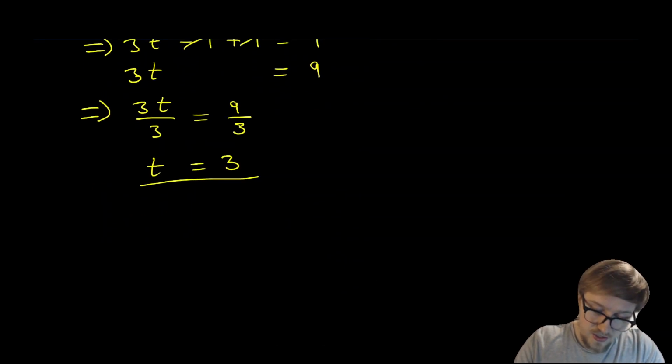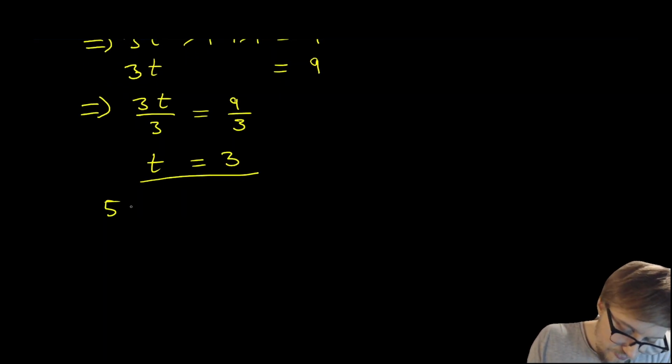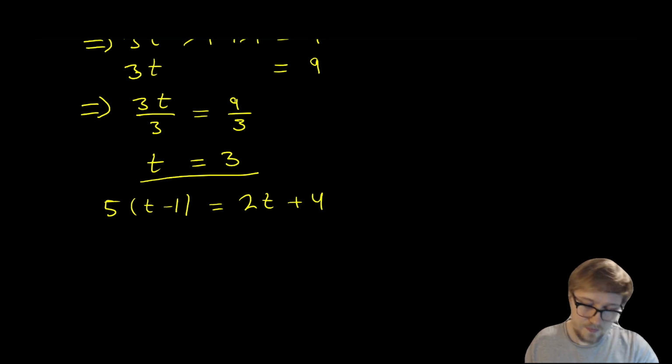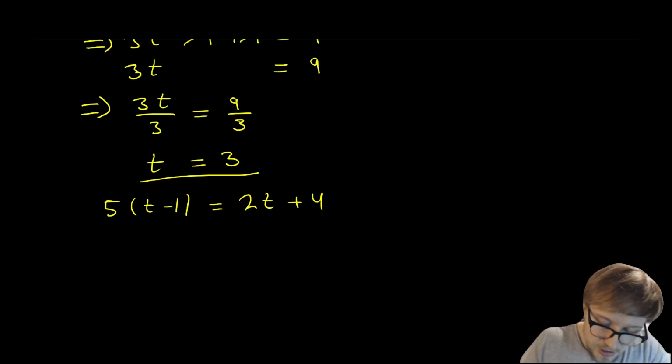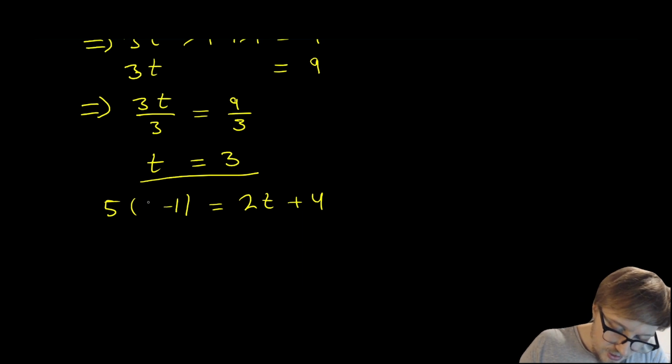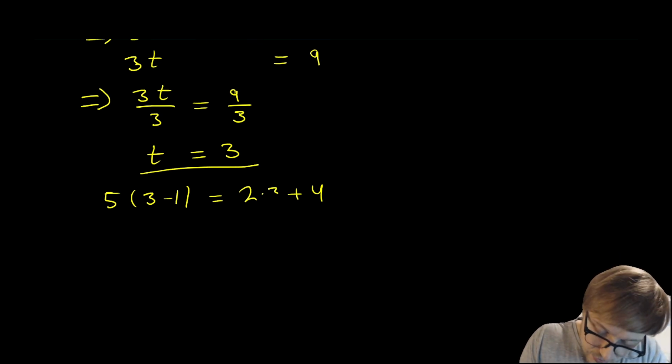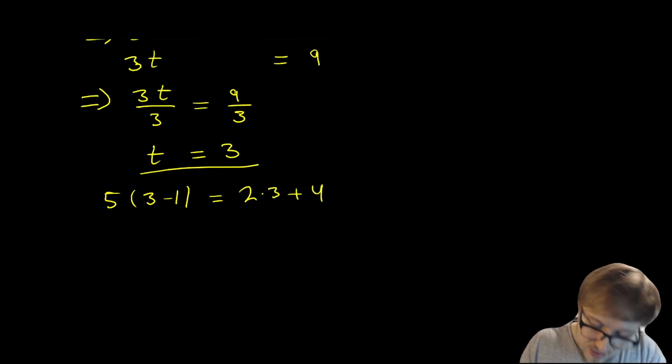Okay, so let's write here 5t minus 1 is equal to 2t plus 4. Okay, so we plug in the solution. So let's get rid of this t here. So we have, instead of t, we plug in t equals 3. And then for t, we plug in t is equal to 3.